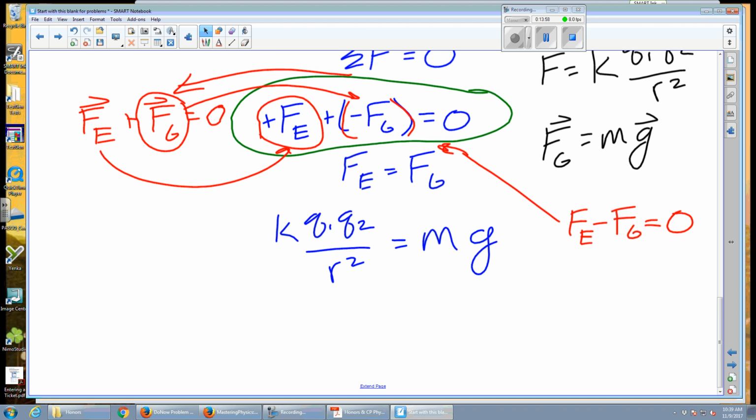So let's go back to the problem. Do we have two charges that are interacting? Yeah. Just give them names. Which one is which? Positive. They tell us one's at the origin, right? Oh, yes. Okay, so let's call that origin charge.